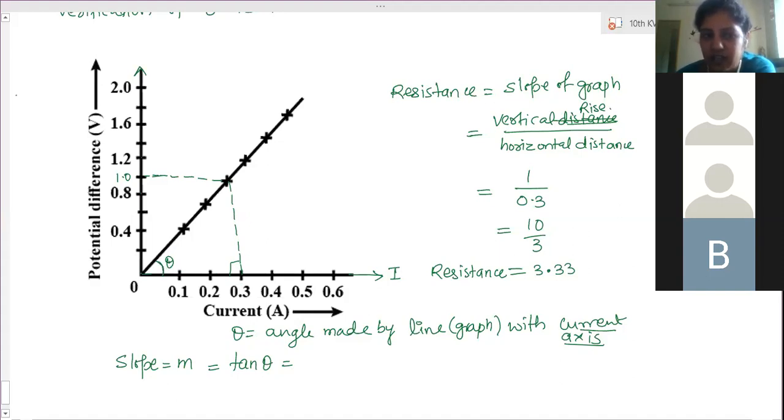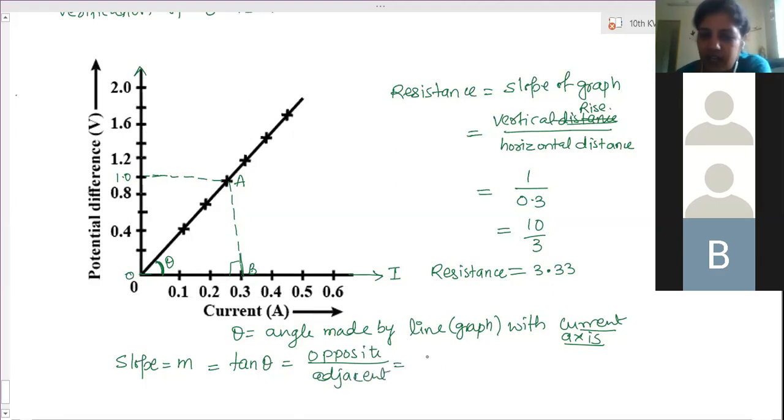Suppose A, B and O are the points given. For angle theta, the opposite side is AB and the adjacent side is OB. So tan theta is equal to opposite side by adjacent side.